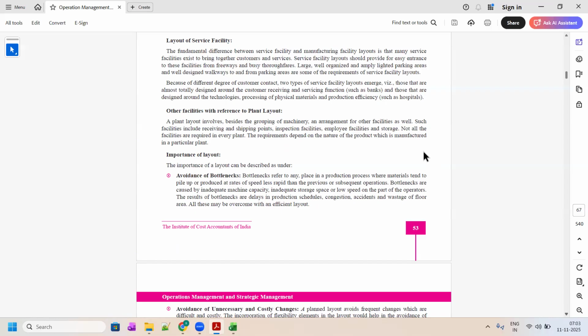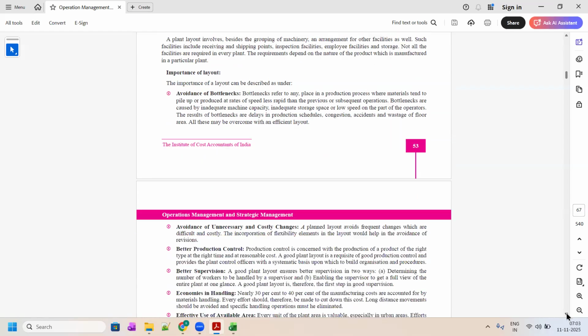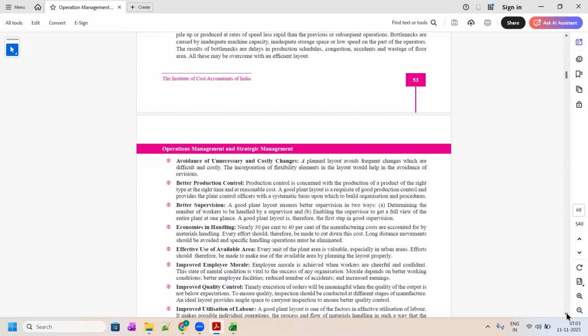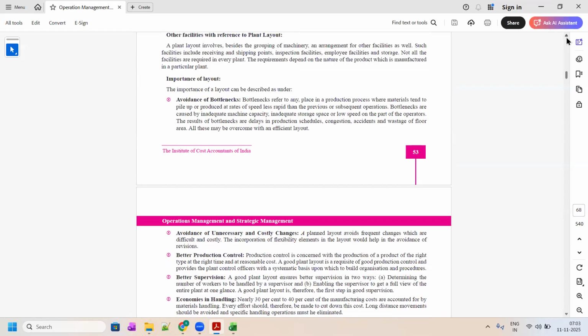We have discussed the different types of layout and the importance of layout, like avoidance of bottleneck. I think you all understand this term bottleneck.